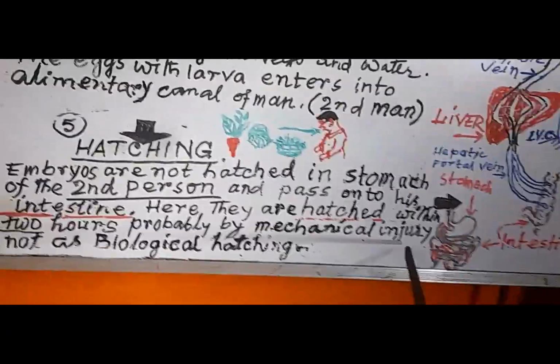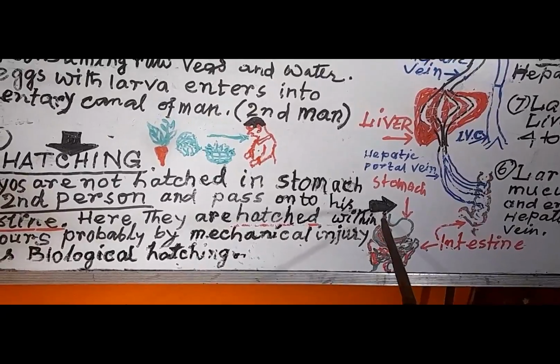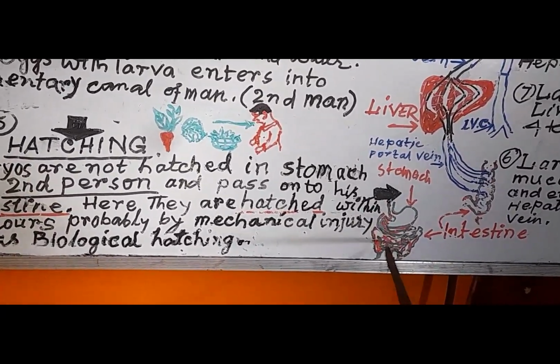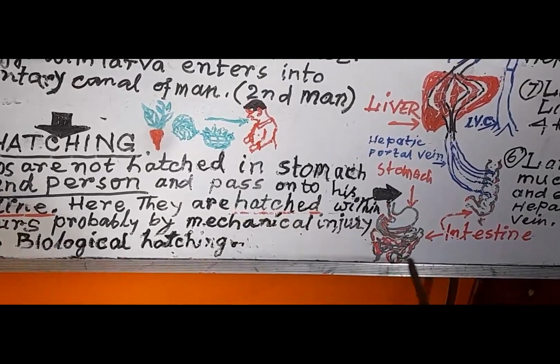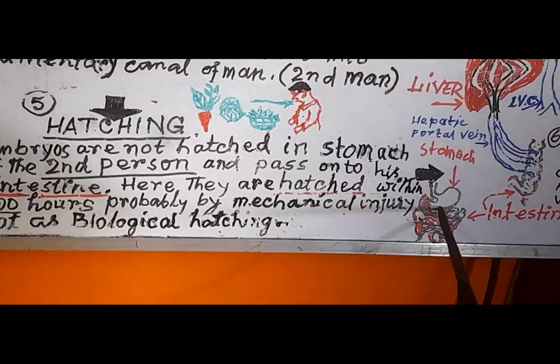I have drawn this alimentary canal of a man. That is, it is the esophagus, it is the stomach, and this is the intestine, then the large intestine. In the stomach, they are not hatched.